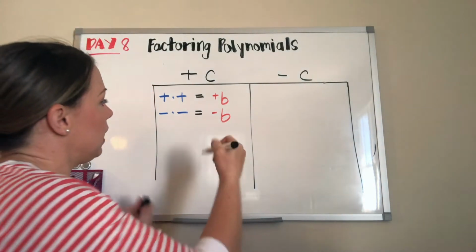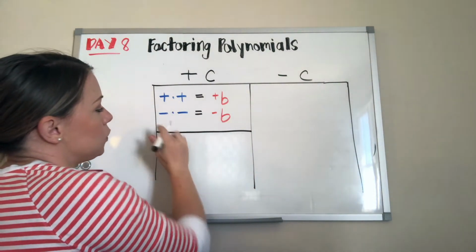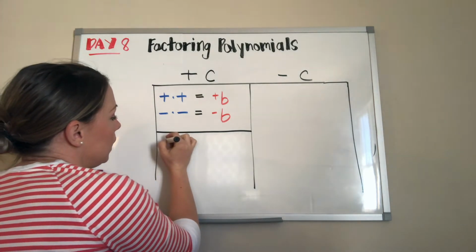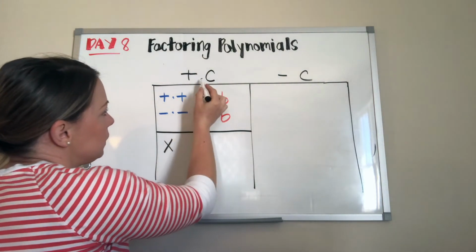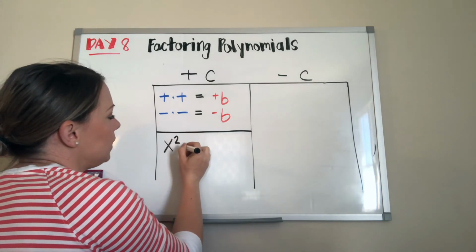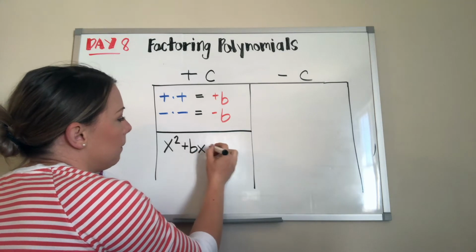So these setups would look one of two ways. If I had a positive C and both of my factors were positive, I would have x squared plus a positive bx plus c.